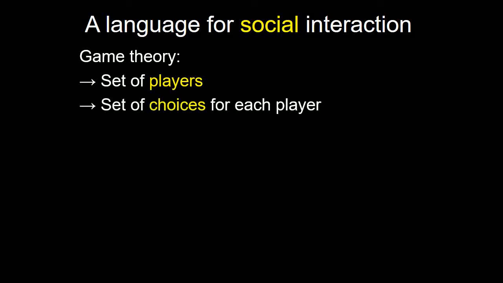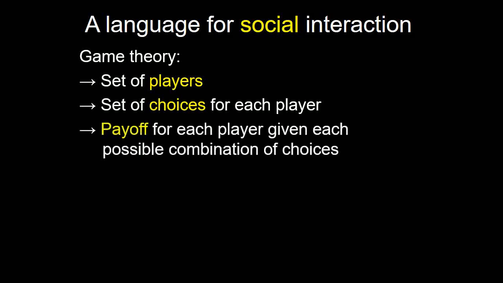Then for each player, you ask what their set of choices is. And then for each possible combination of choices, you say this is the payoff that each of the players gets.